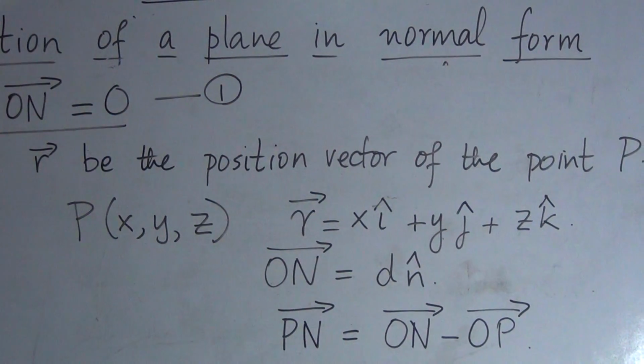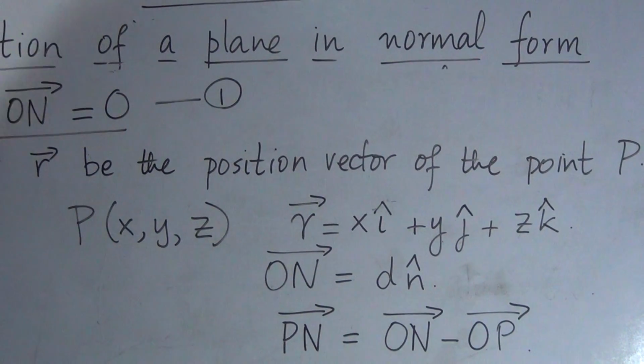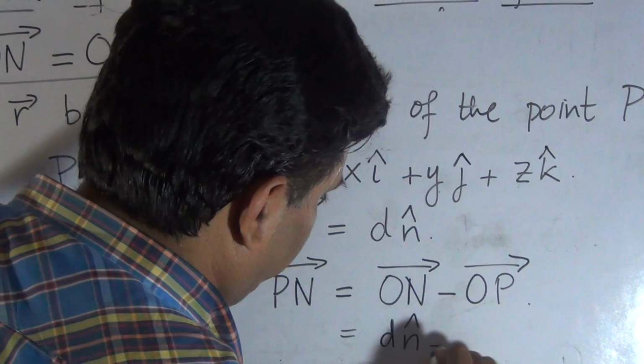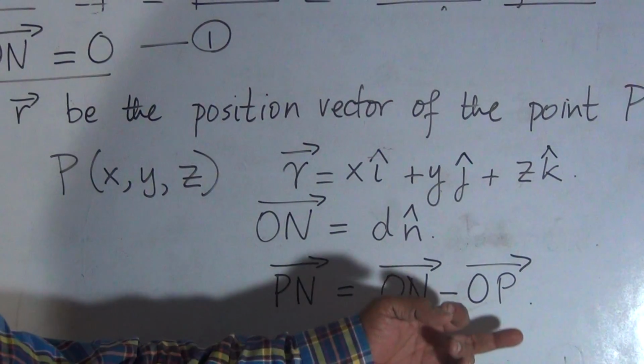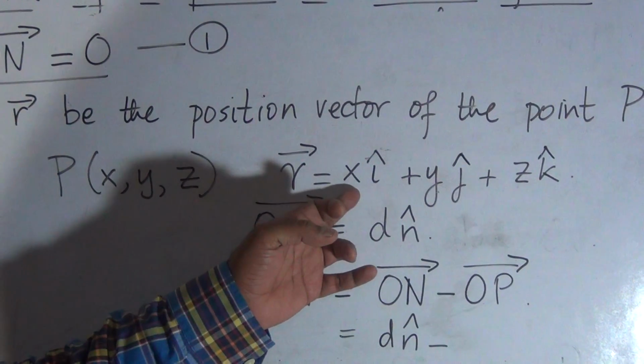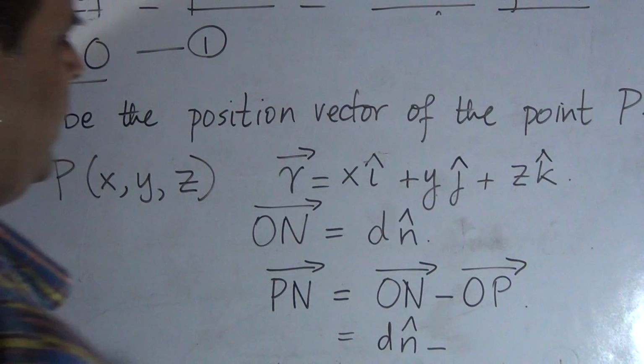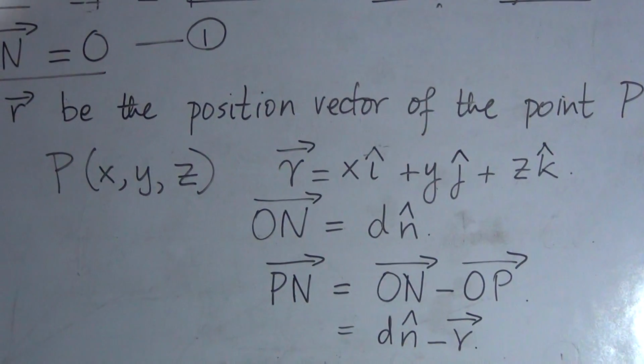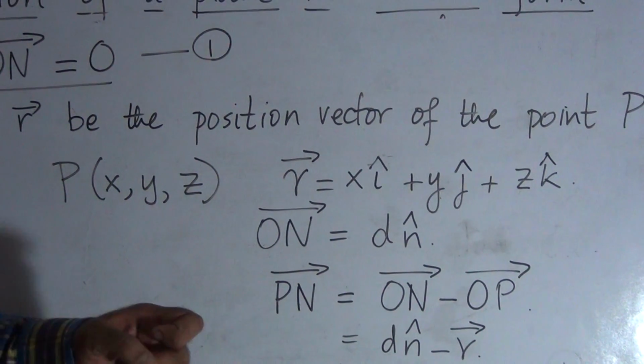Right? That is PN. And what is ON? d n cap. And what is OP? It's exactly this position vector. Right? I'll call this R. And what do I know?